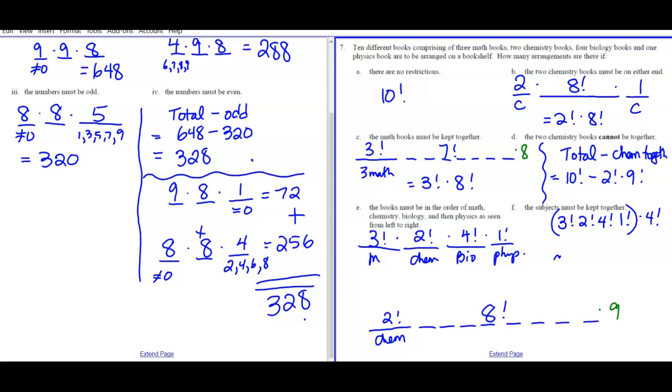Okay, so arranging math, chem, bio, and physics, those 4 is 4 factorial. And within each of those subjects is the 3 factorial, 2 factorial, 4 factorial. Okay, so I'll stop there.